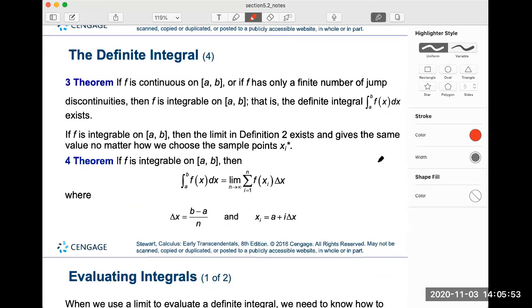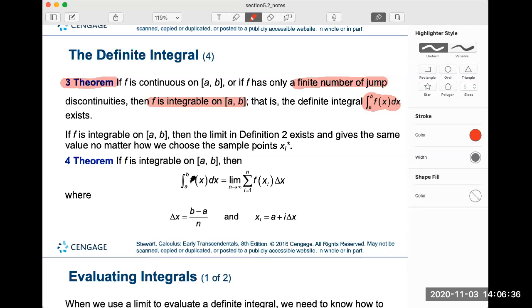A theorem here, a very important one. You can take a note in your notes. If f is continuous on the interval from a to b, and there are only finite jumps, then f is integrable. If we can take the integral of f over this interval, we call it f is integrable. Okay, and it exists if there are finite jumps.